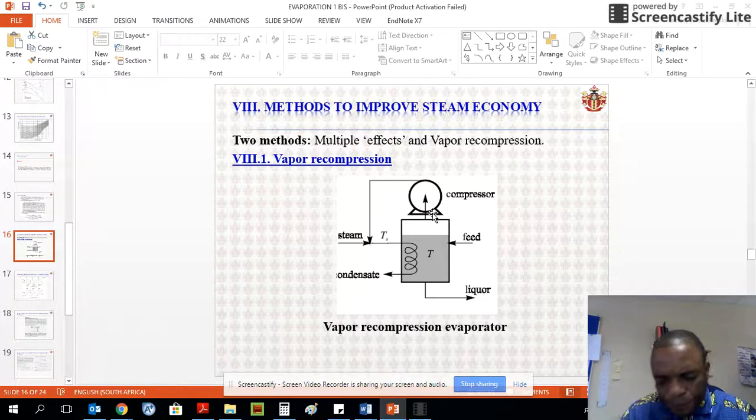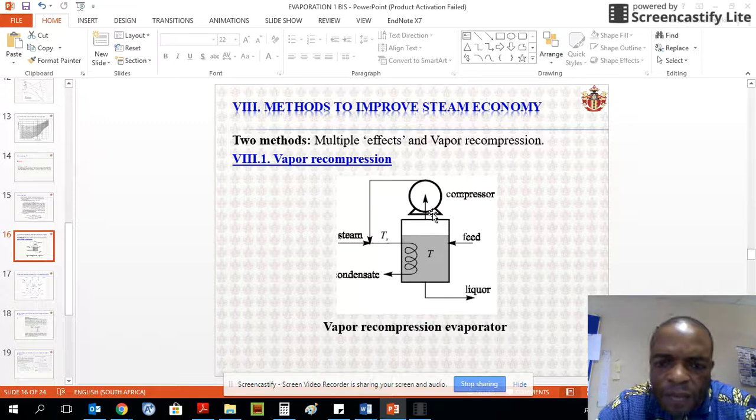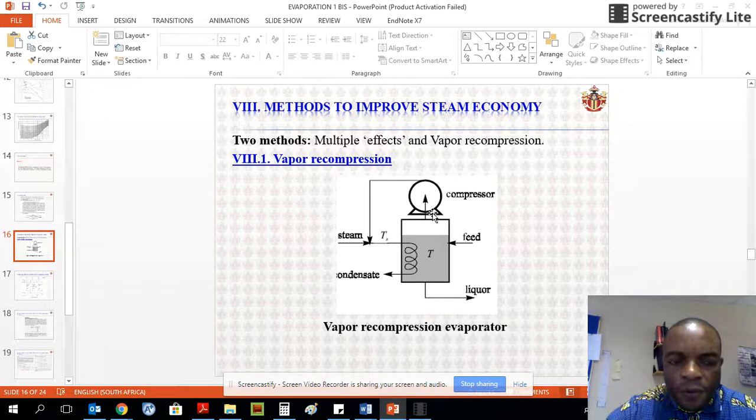With that boost in enthalpy, you can heat more your feed.